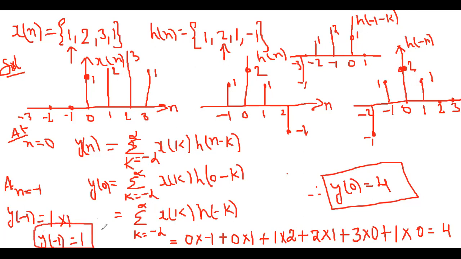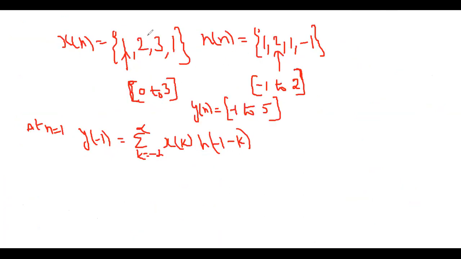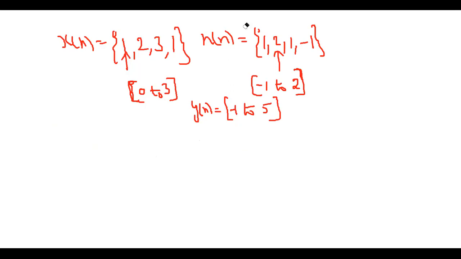Okay, my dear students. So now we can write the sequence. Y of -1 is equal to 1. So I'm removing this one here, no need to write. What is the equation? Y of n is equal to, it starts at -1. What is the -1 value we got?